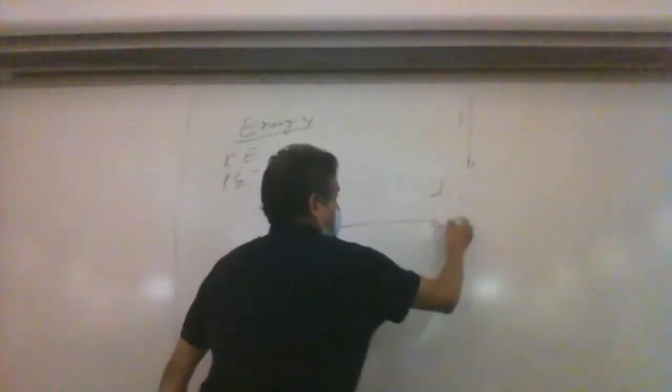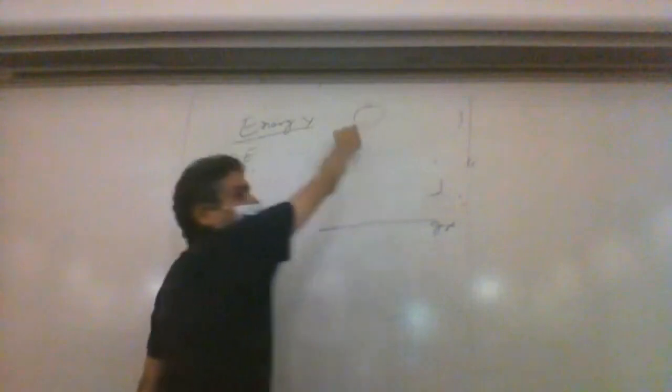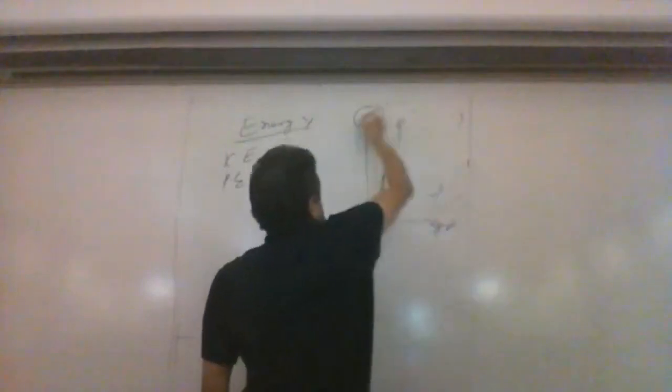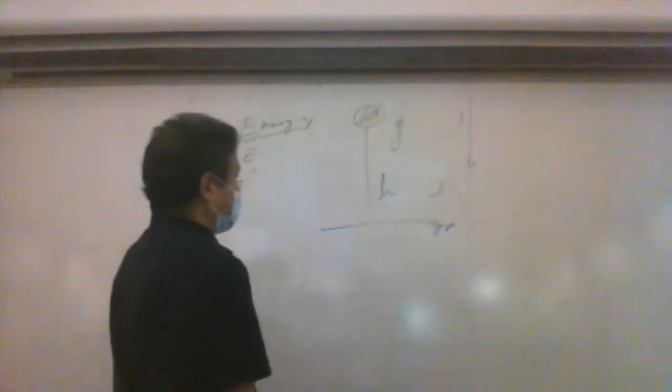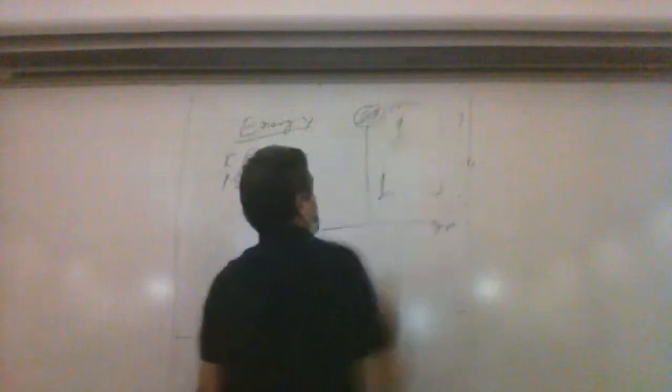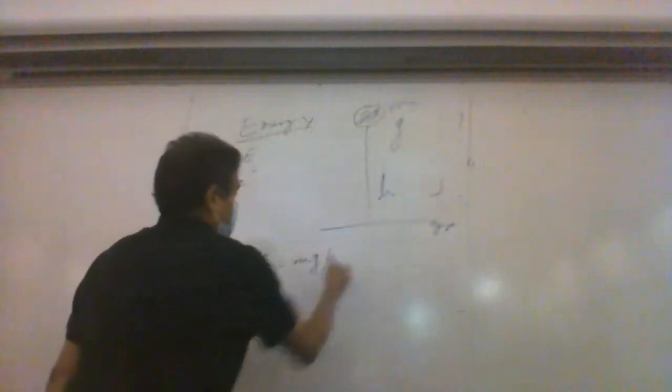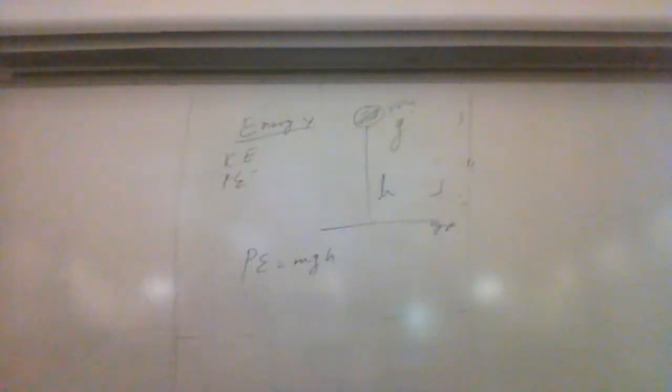This is my ground, and I have a ball here, just staying there. I know the height, and I know the acceleration due to gravity of this place, and the mass of this object is m. So the potential energy is mgh. You see, that's how we calculate. That's potential energy. If something is at rest and has some energy, that is called potential energy.